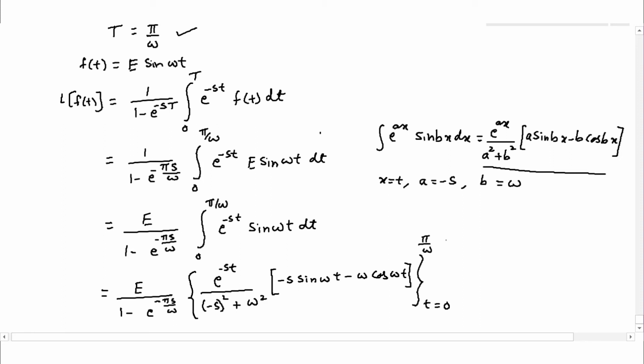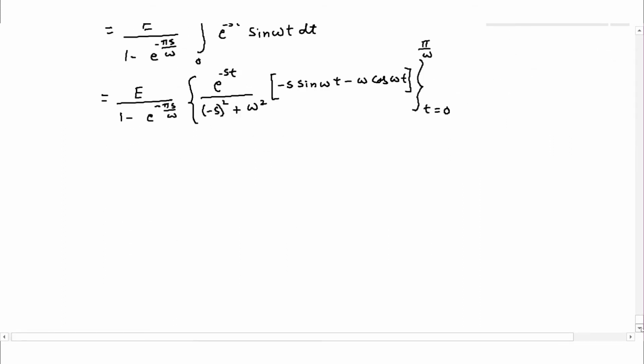So let us try to apply the upper and lower limit values for both the terms. So this will be equal to e divided by 1 minus e power of minus pi s by omega.